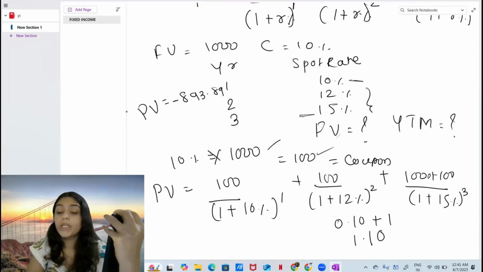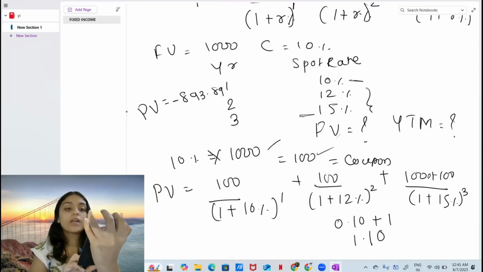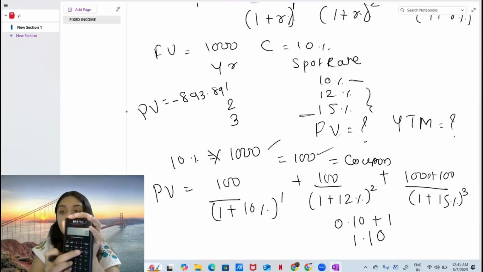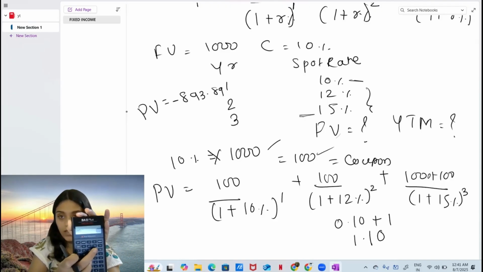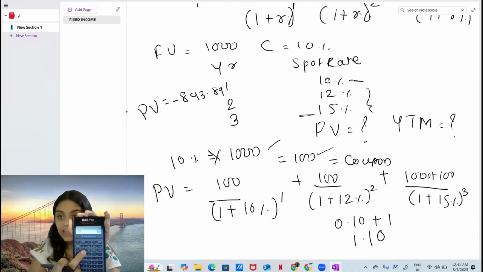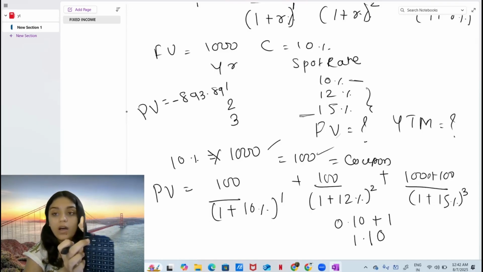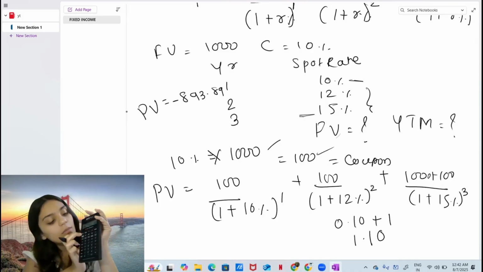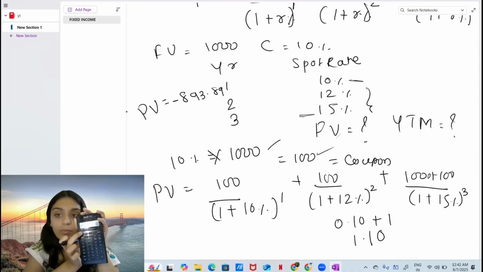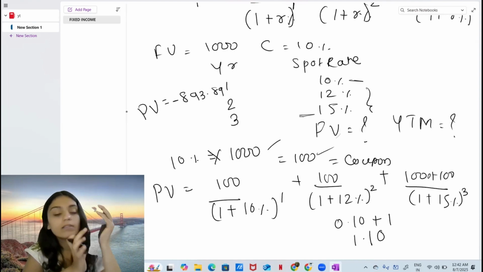Now how much is your coupon? It is 10%, means 100 rupees. So put 100 as your PMT. And then I/Y is your yield, yield to maturity. So compute. This is the button for compute. Press that button, compute, and I/Y.